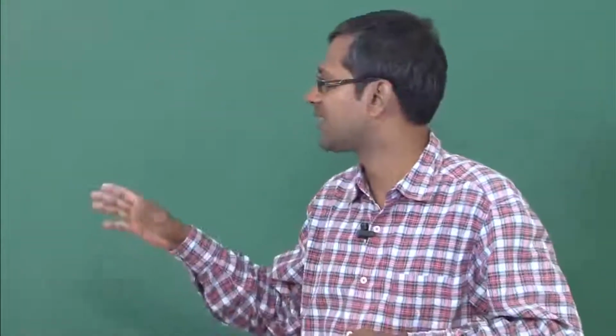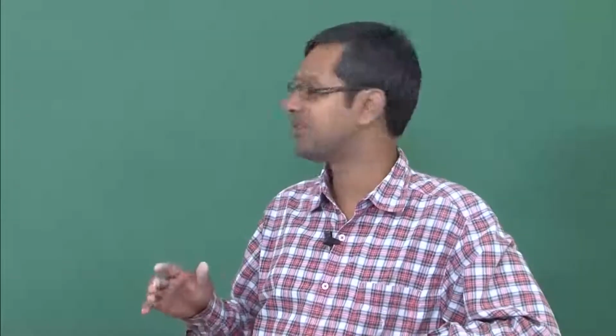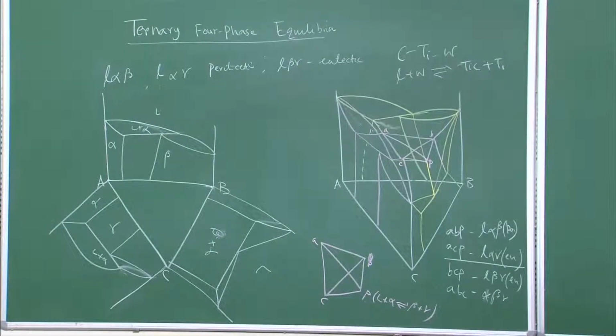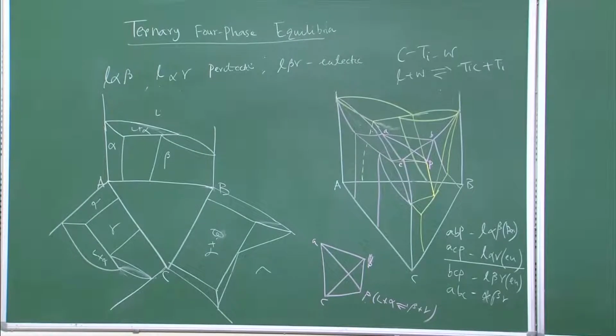So, if you want to really know the details of these phase diagrams, a little bit of topology needs to be understood. Topology means how these planes are appearing, like this trapezoid which I have drawn is very difficult for you to conceive, how ABP and ACP are lying above the top of the plane and BCP and ABC are lying at the bottom of the plane.